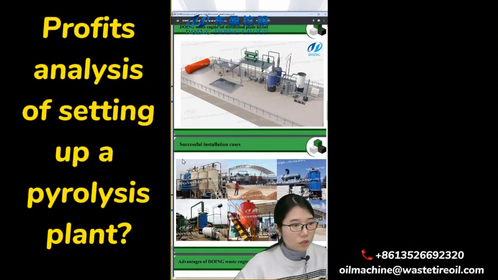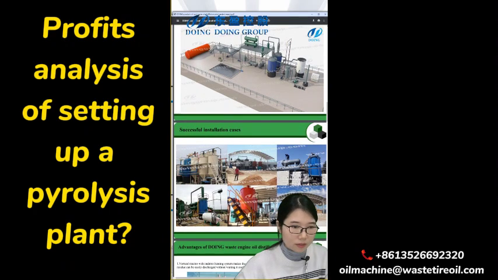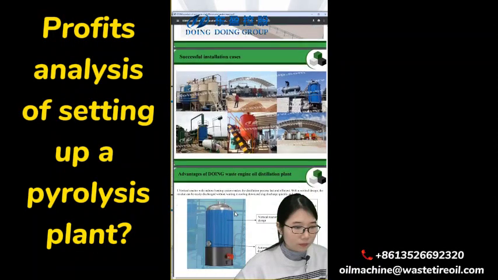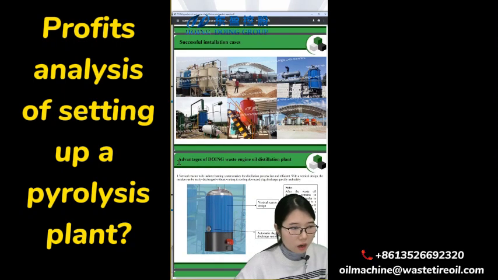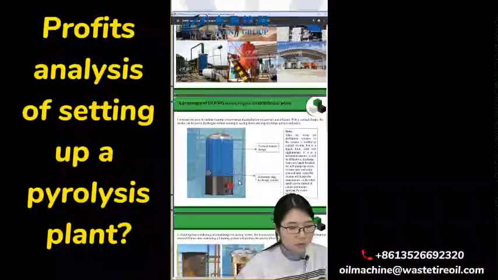There are some successful installation cases of our distillation plant. Our distillation machine is very different from some refineries in the market. There are some advantages of our distillation plant.